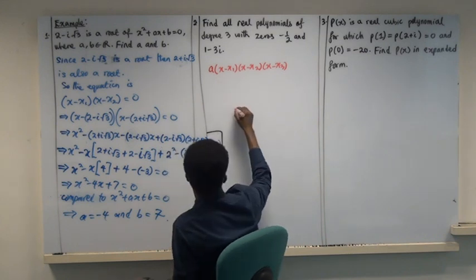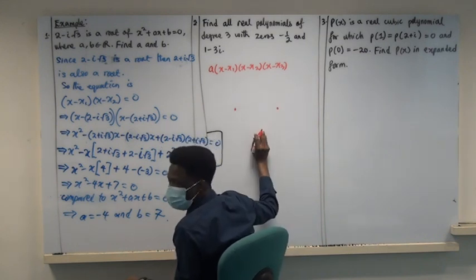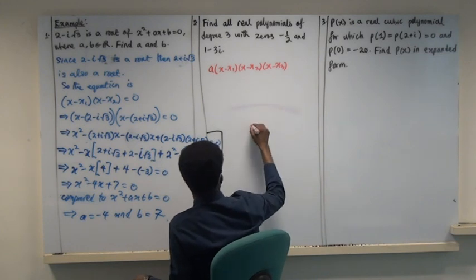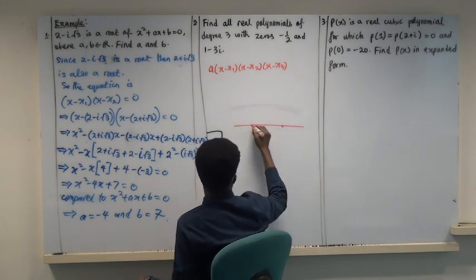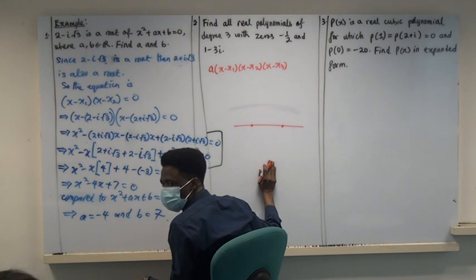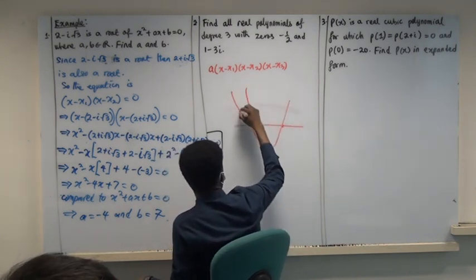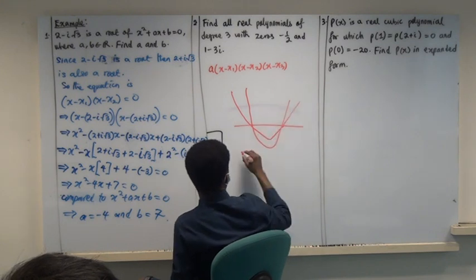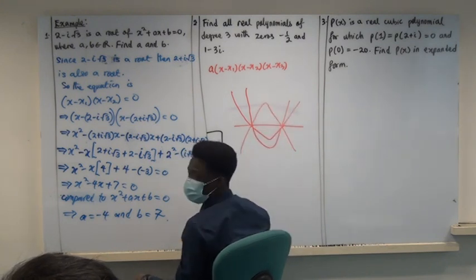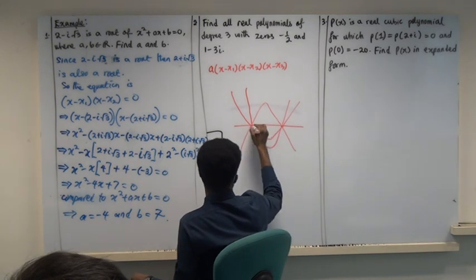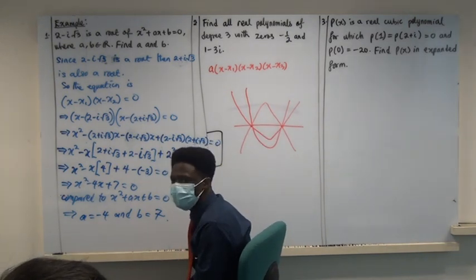It's like having different, let's take a quadratic for example. There are infinitely many quadratic graphs that can pass through this point. Some will go this way, some will be narrower, some will go the other way, and in each case you claim that the roots are these, but they're different quadratics.